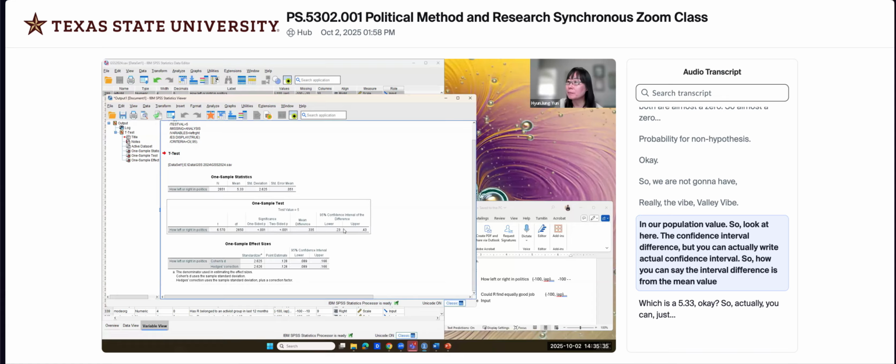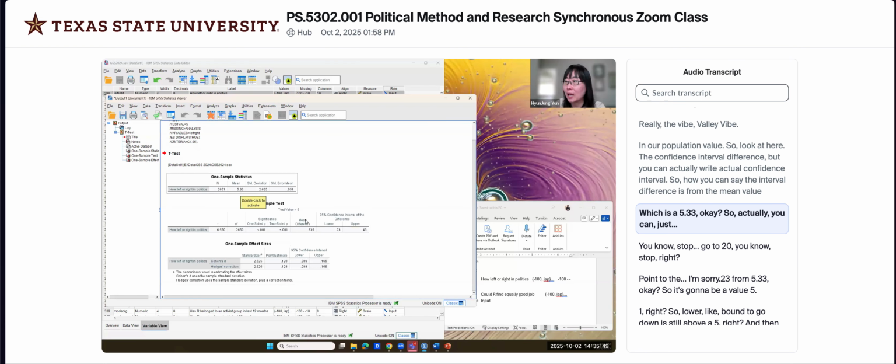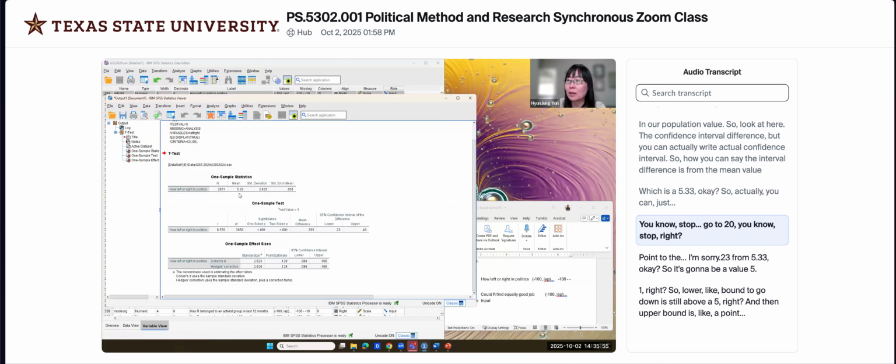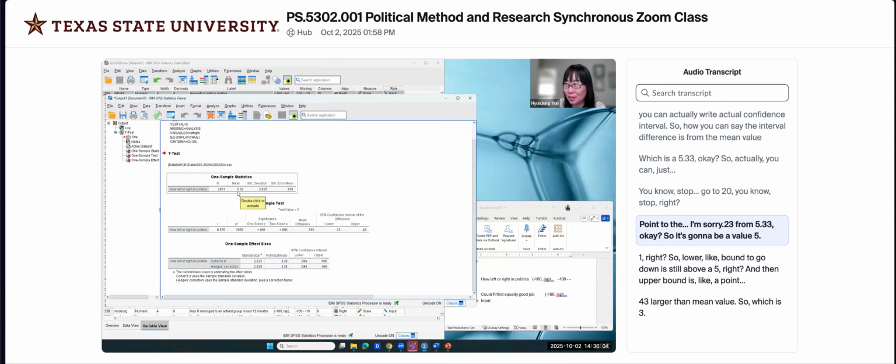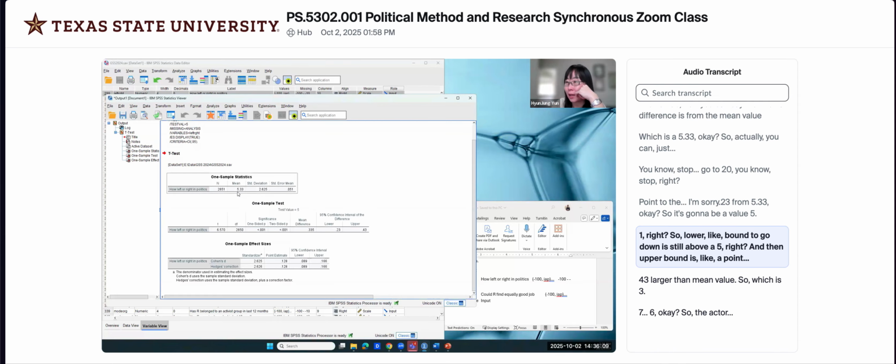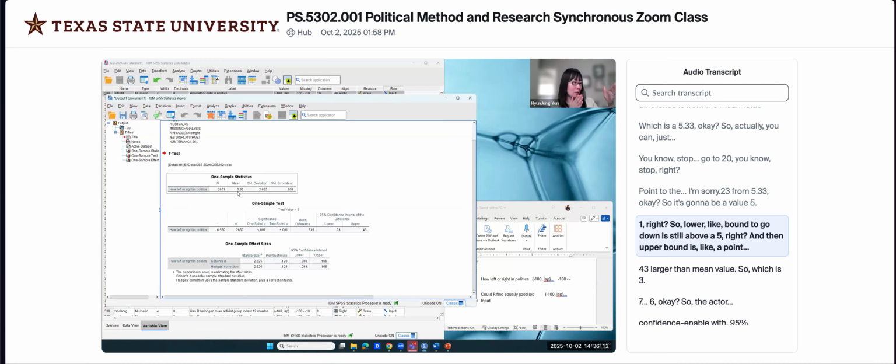So look here at the confidence interval difference, but you can actually write the actual confidence interval. The interval difference is from the mean value, which is 5.33. So you can just subtract 0.23 from 5.33, so it's going to be 5.1. The lower bound is still above 5.